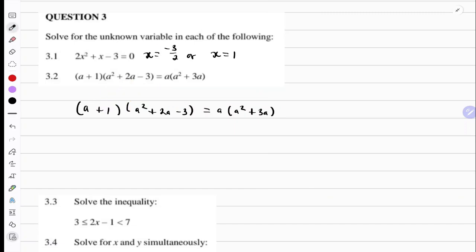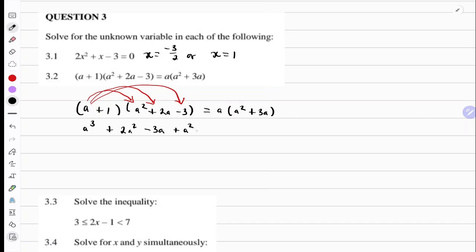On the left hand side, a times a squared is a cubed, and a times 2a is 2a squared. A times negative 3 is negative 3a. So I've just distributed a to the terms inside the second bracket. And then positive 1 times a squared is a squared.